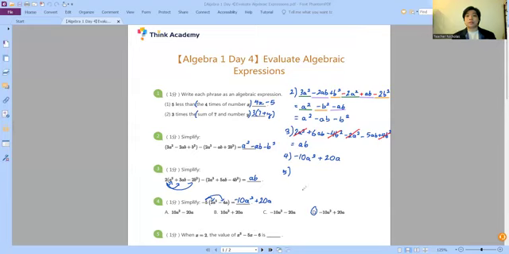So it's going to be 2 squared minus 5 times 2, and then minus 6. Okay, 2 squared is 4, right? 5 times 2, that's 10. And then minus 6. Here, I should get negative 12.